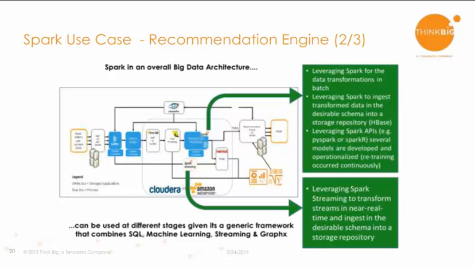So within the same architecture, within the same solution, you pretty much can be using all the Spark frameworks in order to solve the business problem. And that's quite unique from a tool perspective. And that's a very important point that we are really trying to call out here.